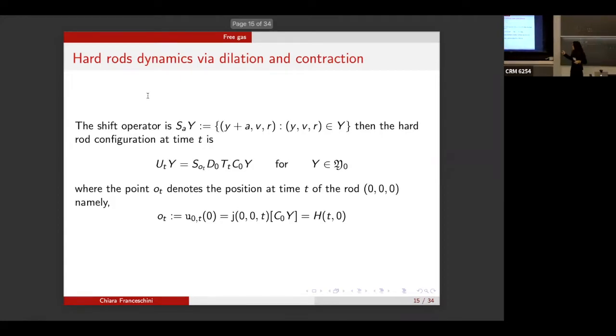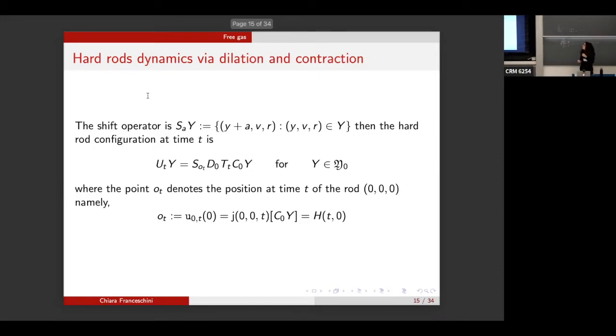How do you do that? So you start with y at time 0. You contract, so you go to the free gas. You let the free gas evolve. You have the straight lines. You dilate your free gas particles, so you go back to the hard rods.